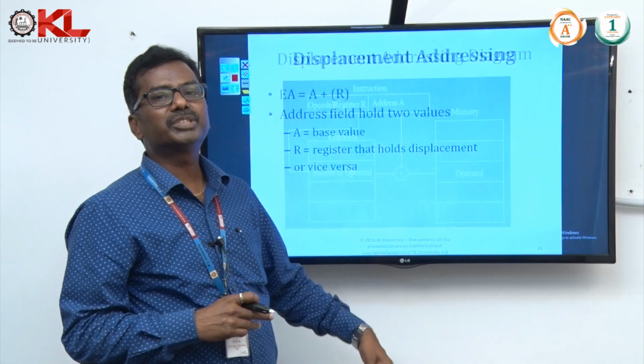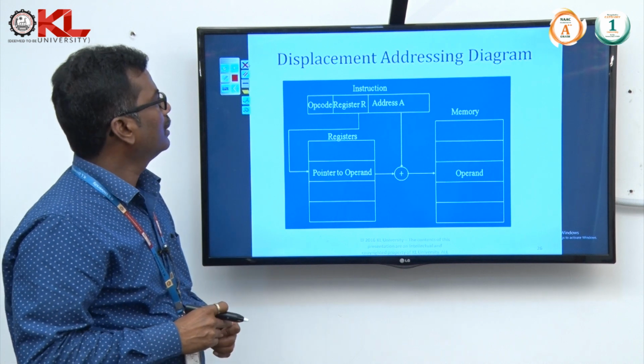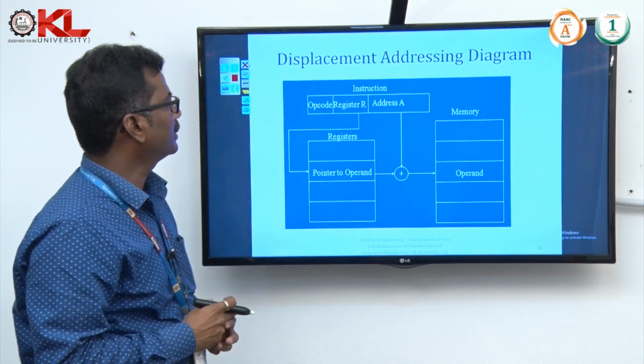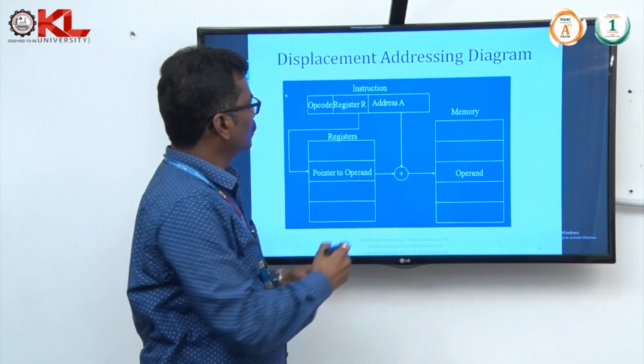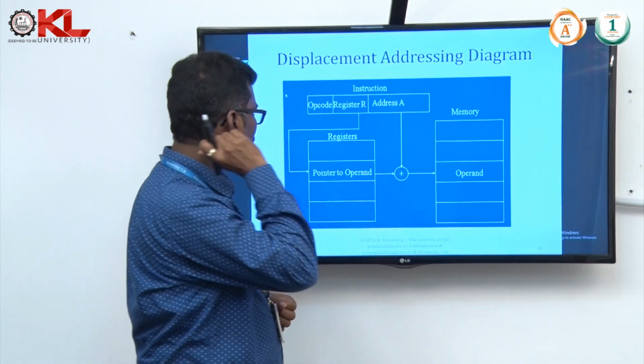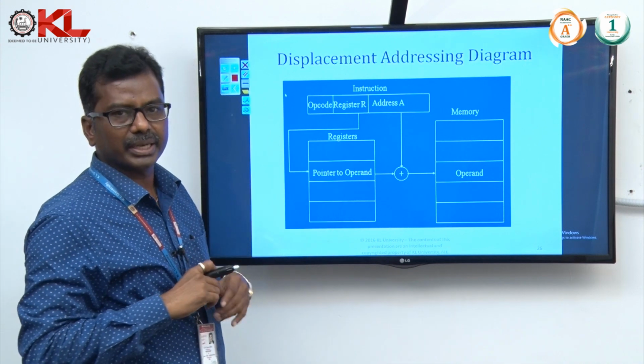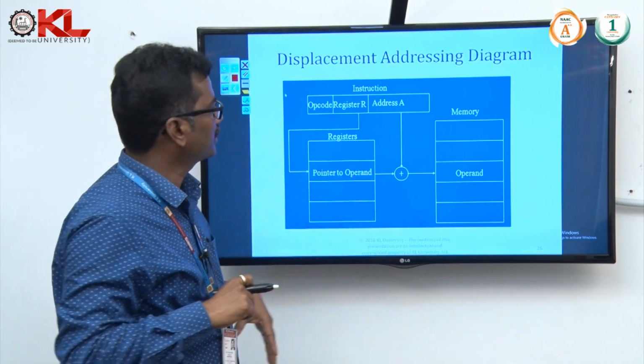So two references. This is called register indirect addressing. Next one is displacement addressing. In displacement addressing, you can see two references, just like in the case of register indirect addressing. We have a displacement, the address is going to be displaced.